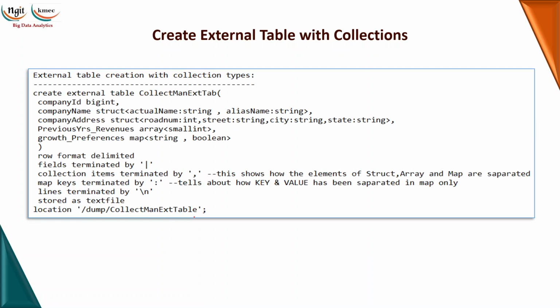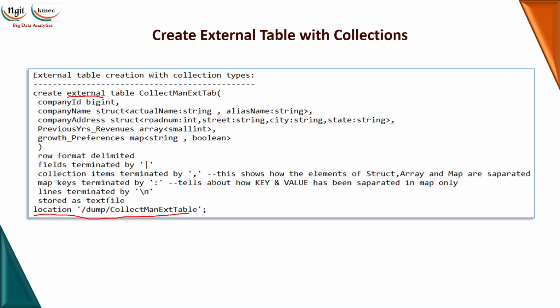And if you want to create the external table, you only have to mention the keyword EXTERNAL, and then you go the same way, as the statement is the same. Since it is an external table, it is recommended to give the location where the data is available, so that it retrieves the data directly from there instead of copying it into the warehouse.